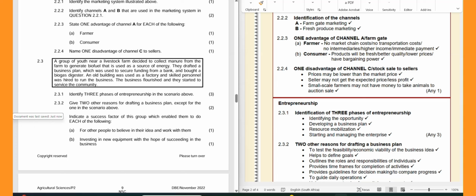On the auction, it turns out the bull was sold at maybe 70,000 instead of 100,000. So the farmer was expecting 100,000 or more, but the bull ended up being sold for 70,000, which was not the expected price for the farmer. This is what they're trying to say.